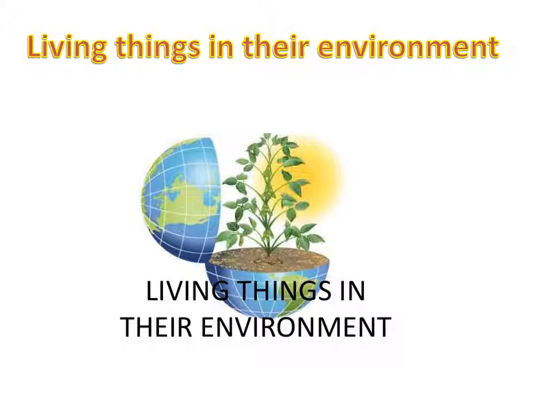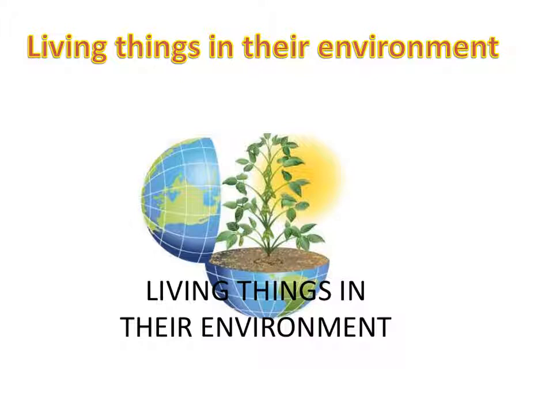The last thing that we were speaking about is living things in their environment. We know about ecology. We know the keywords in ecology like habitat, environment, and ecosystem, right? Then we spoke about food chains.